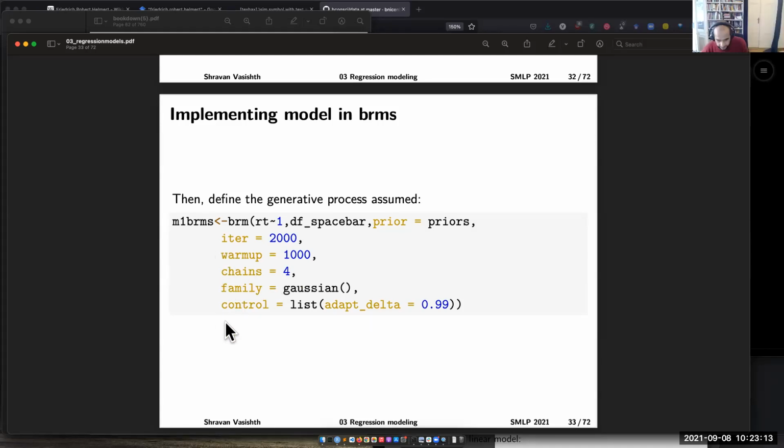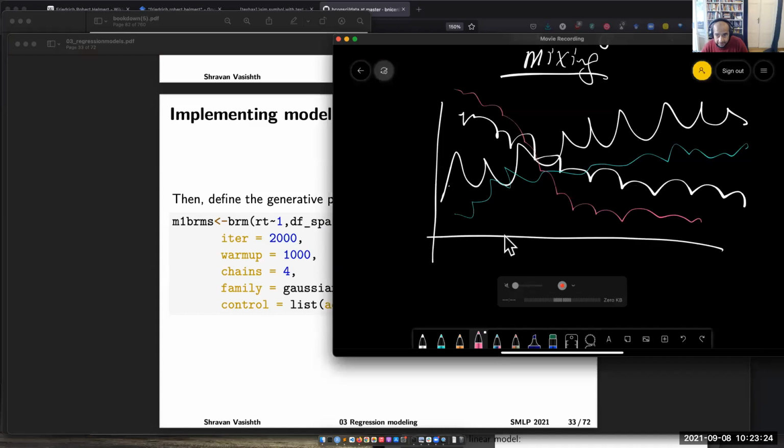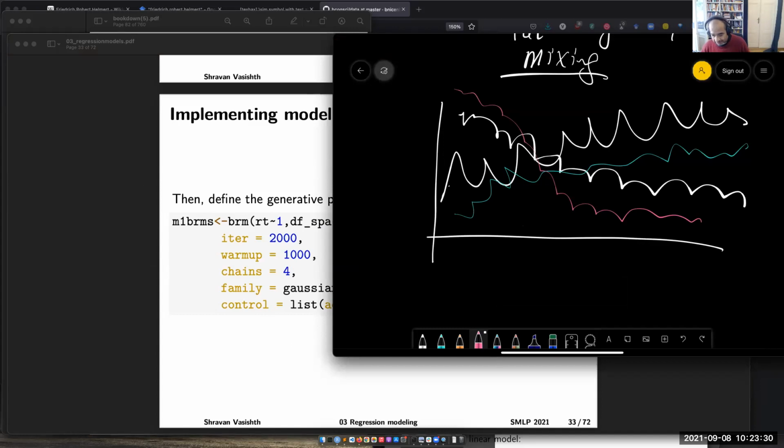Yes, go ahead. And if they don't mix nicely, what should we do? Yes. If you get a bad situation like the one I just described, where the chains are not mixing, what that tells you is that there is a misspecification in the model. There is some problem in the way that you have defined the model.